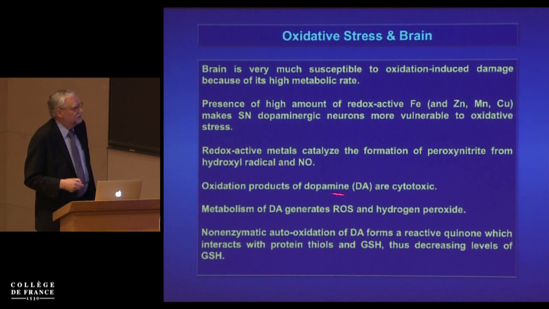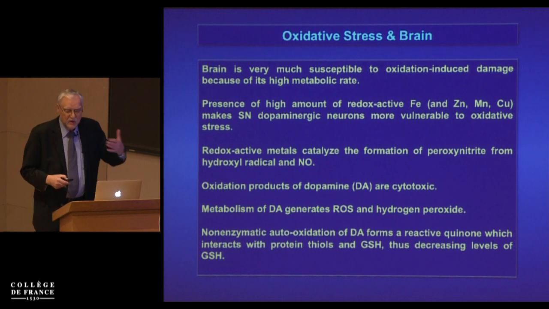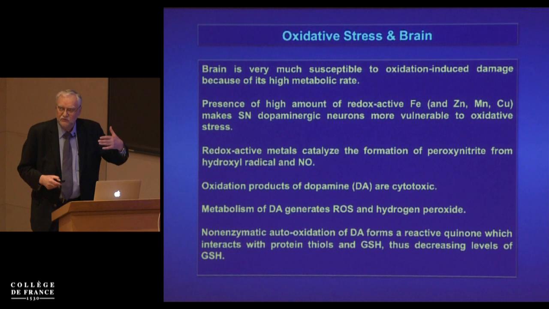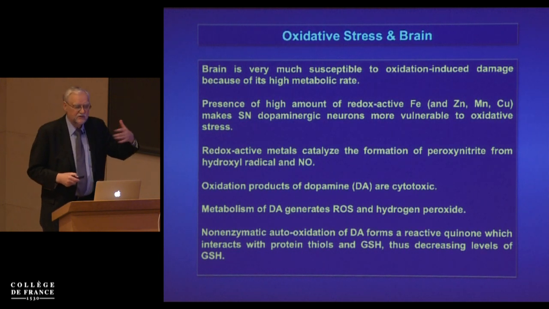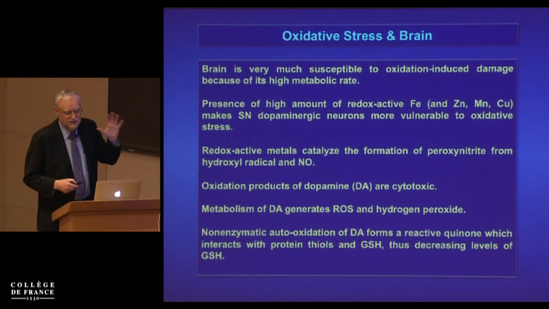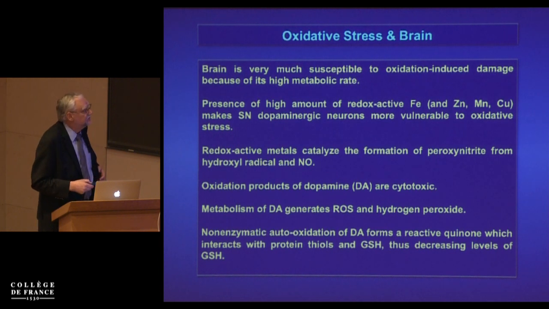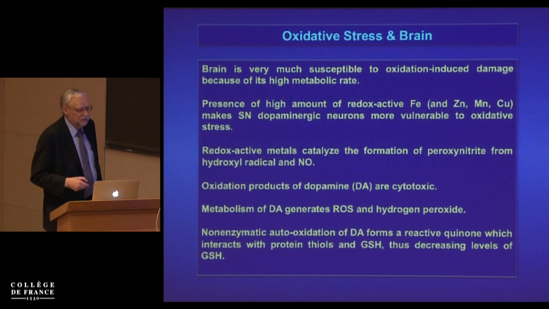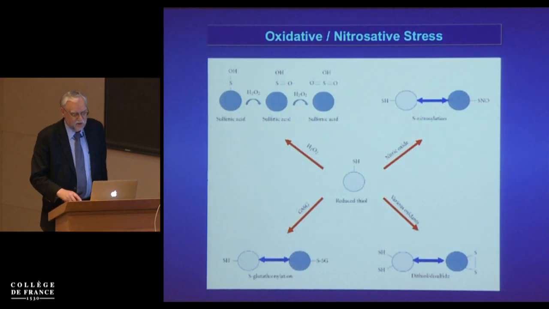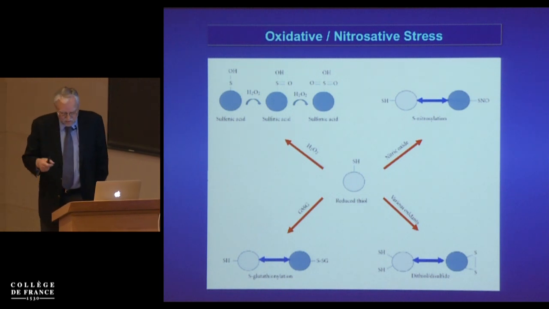And I have already told you that dopamine is by itself a dangerous transmitter, because auto-oxidation of dopamine creates reactive oxygen species and particularly damaging radicals, ROS and hydrogen peroxide. And glutathione levels go down, and this has been shown in papers.